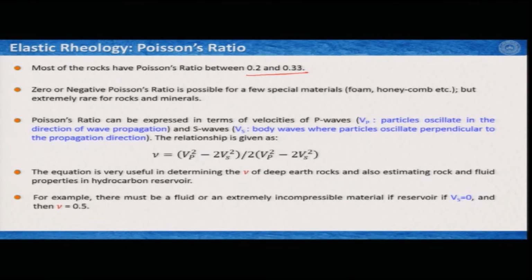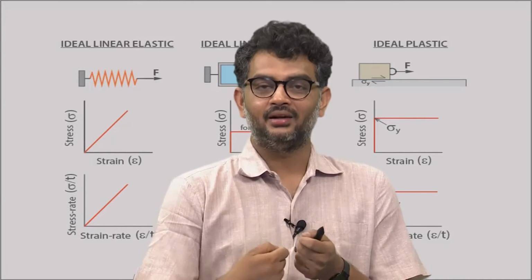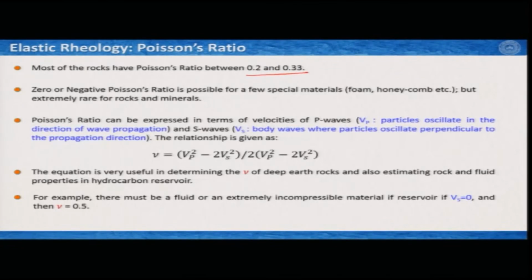So, what is a P wave? A P wave is when the particles oscillate in the direction of wave propagation, and an S wave is a body wave where the particles oscillate perpendicular to the propagation direction.